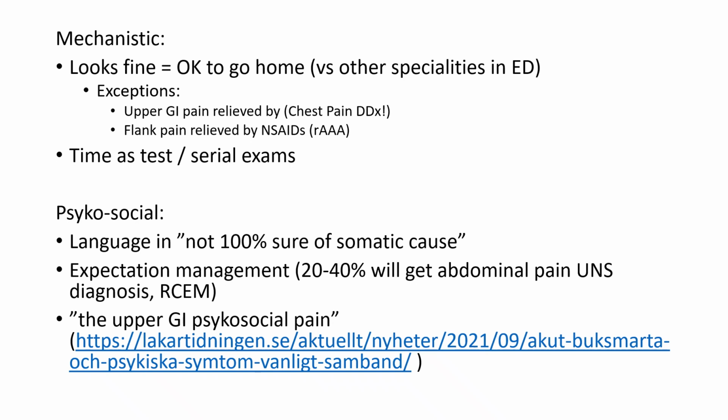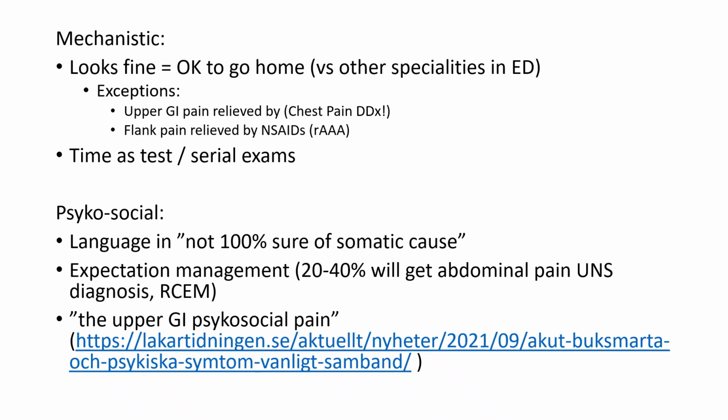The upper GI thing is that there are some studies from a Swedish psychiatrist that I know of. There's probably more, but there are these interesting articles saying that quite a big part of the upper GI pain patients who want to seek emergency care have a psychosocial burden, usually anxiety spectrum disorders.